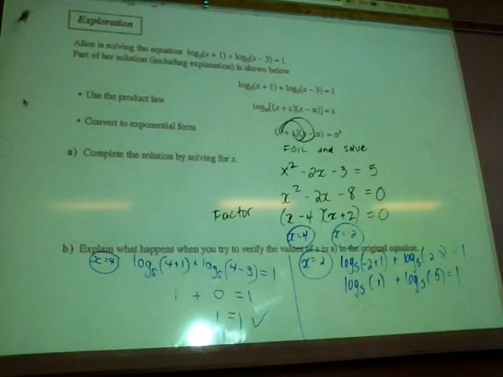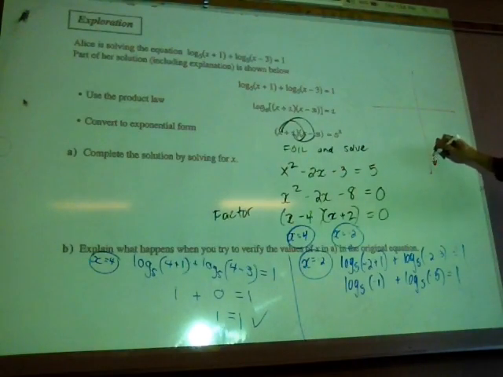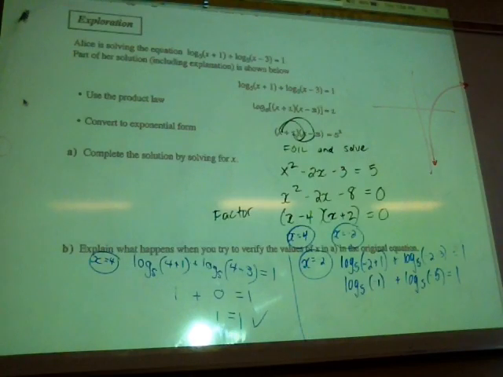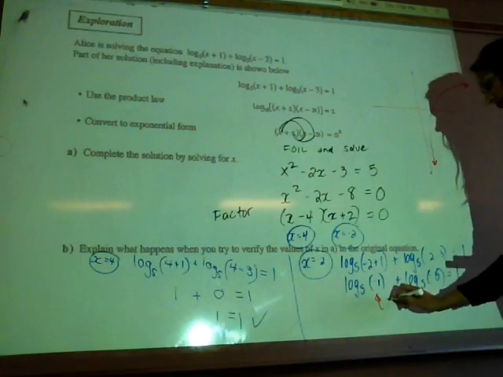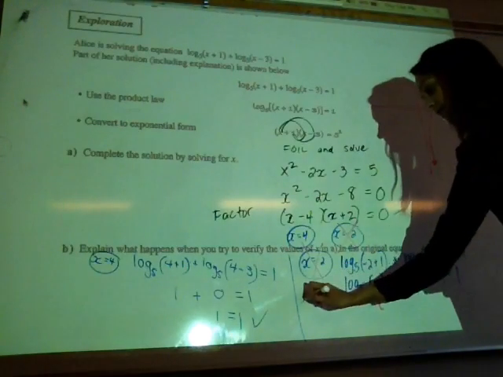What do you guys notice about the arguments? They're negative. I'm just going to remind you guys what a logarithm looks like. Okay, can we have negative logarithms? Does it exist over here? No, we can't have negative logarithms. So because these are negative, x equals negative 2 is considered extraneous.